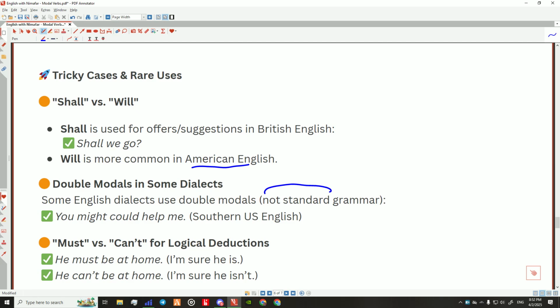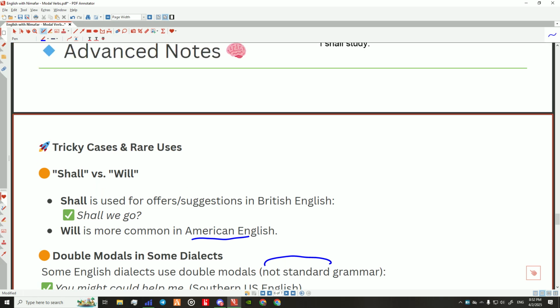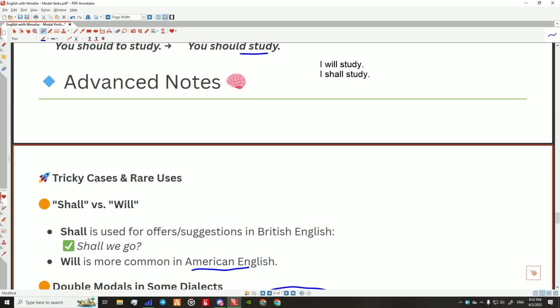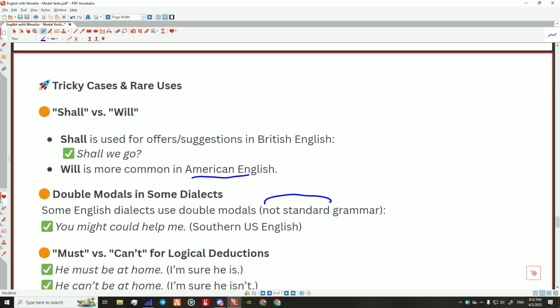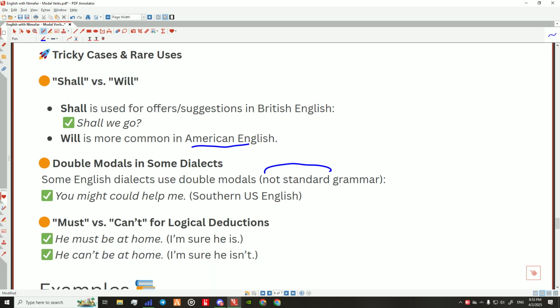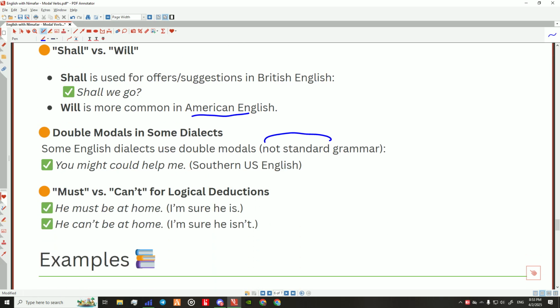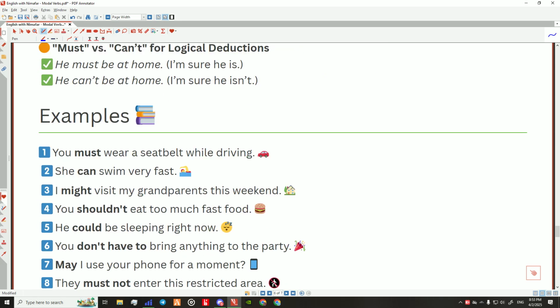Or must: "You must have been tired." These are really interesting topics. Next week, we will talk about perfect modals. It means modal verbs plus have plus past participle. For example, should have done, will have done, which is for future perfect, must have done, and so on and so forth. And here we have some examples.